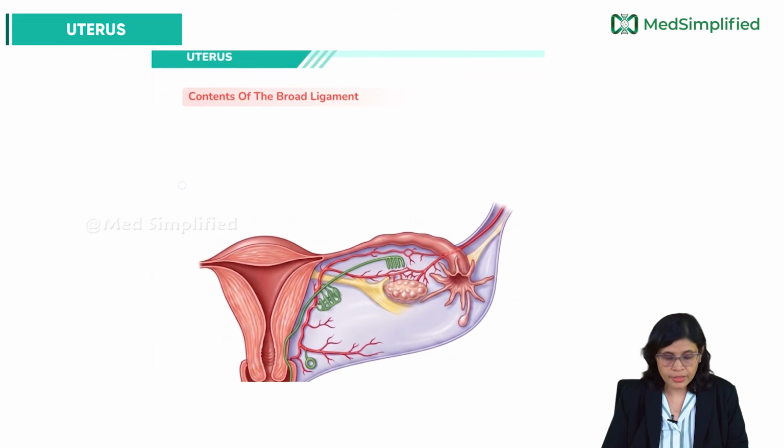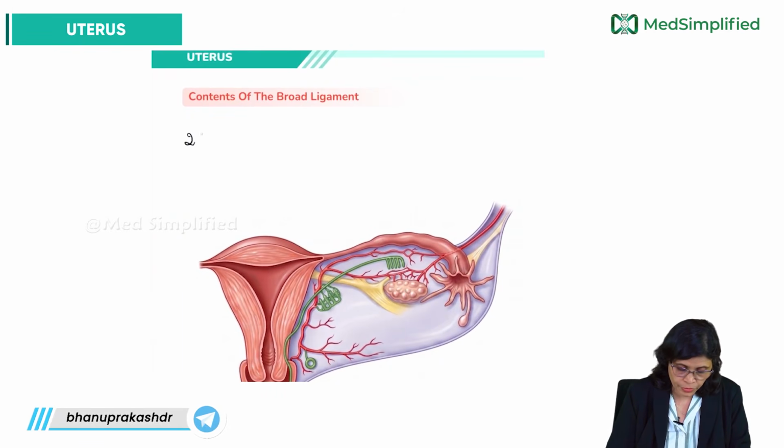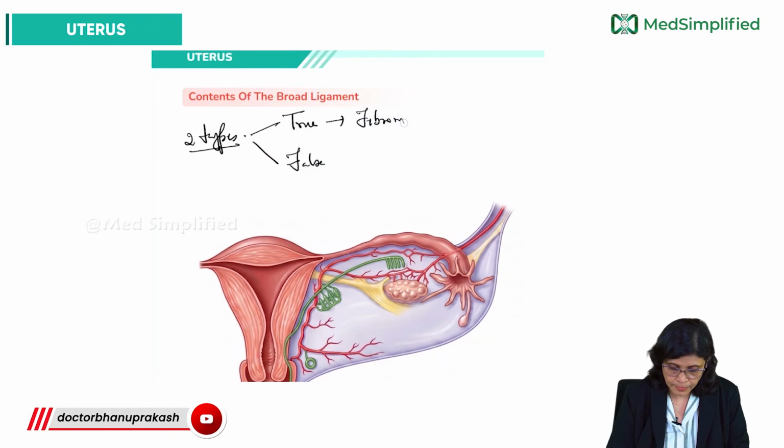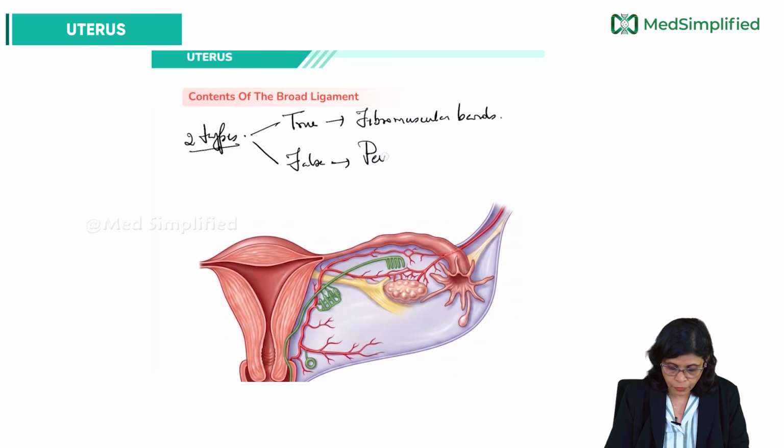Coming to the ligaments of the uterus, we have two types: the true ligaments and the false ligaments. The true ligaments are fibromuscular bands, and the false ligaments are peritoneal folds.